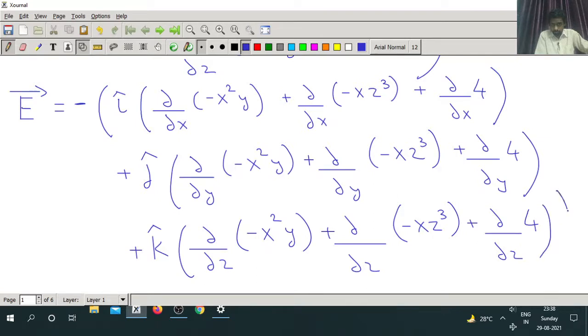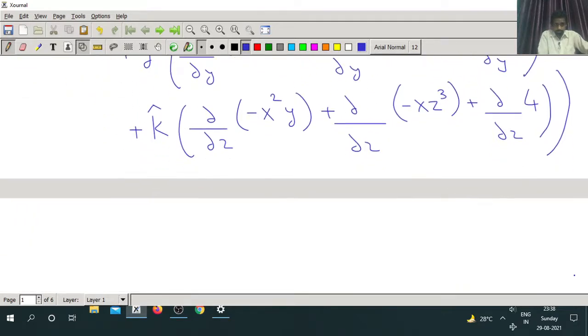And now you can see that I have taken this minus sign as common, and you can see what our electric field intensity will look like.